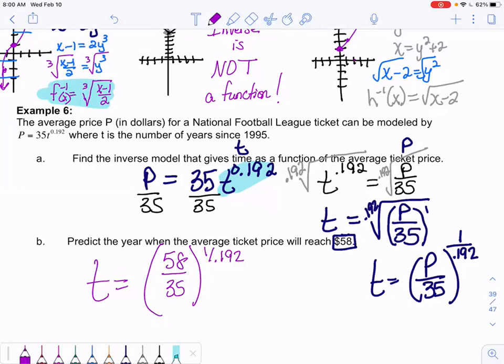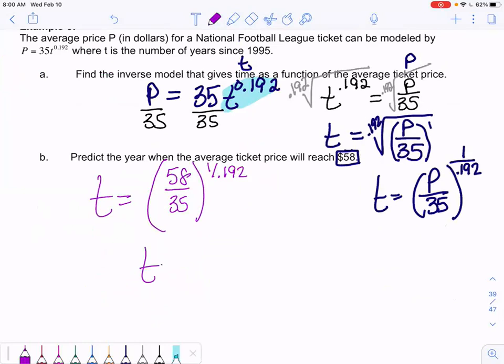Make sure you put that 1 over 0.192 in parentheses so that it's grouping it together. You could even do that number first, to get that number. I think that's 5.2. So you're taking 58 over 35 to the 5.2 power, or 1 over 0.192.